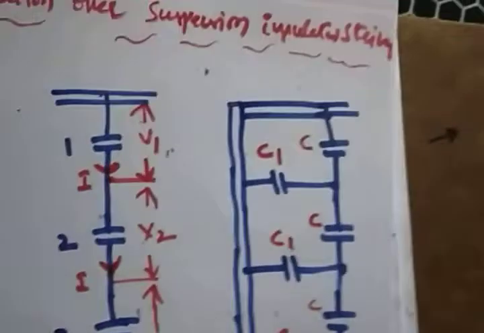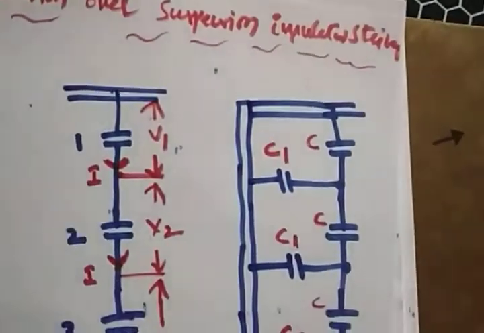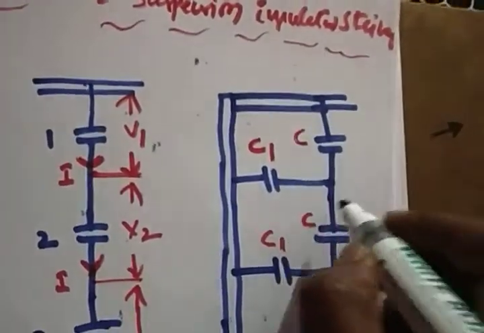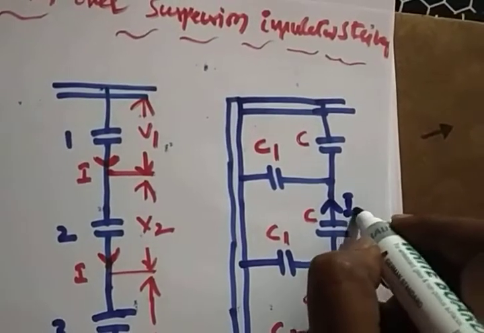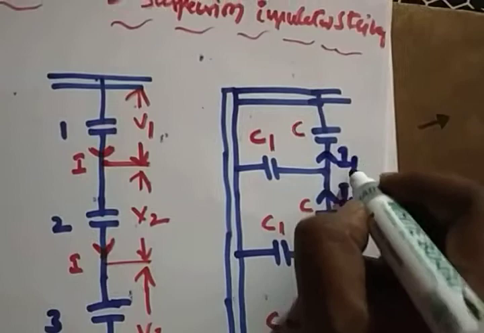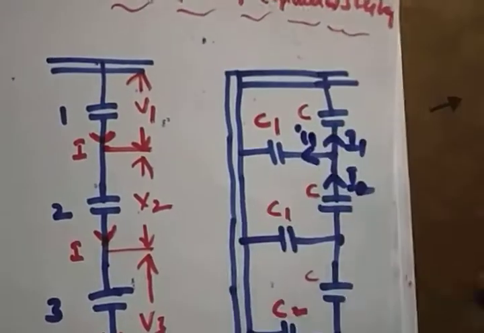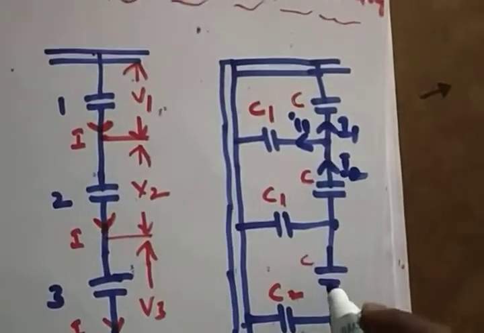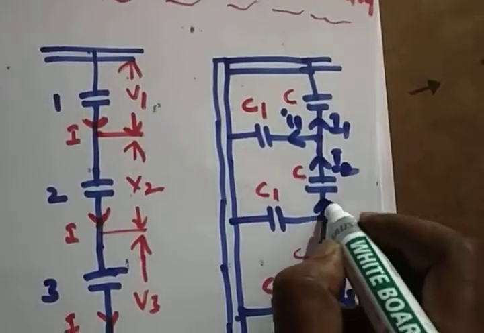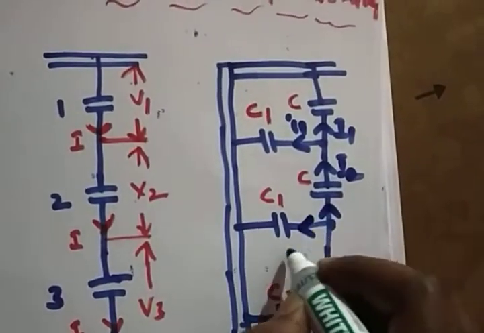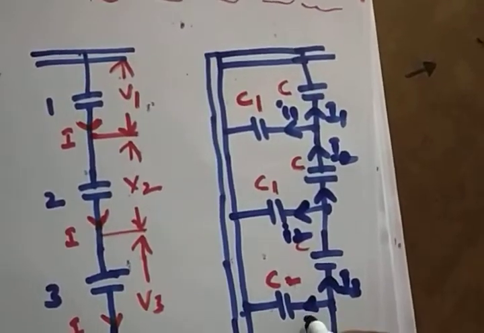With the effect of the shunt capacitance, the current flowing through the entire suspension type insulator is not equal. The current is distributed. Like if this current is I1, some current will flow through here, this is I2, and this is I3.